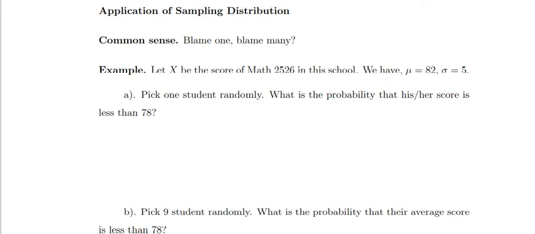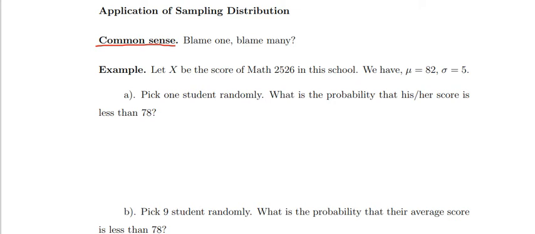This central limit theorem or sampling distribution just conforms to common sense. Like we say, blaming one person or a few people is okay, but blaming many people is not so okay.